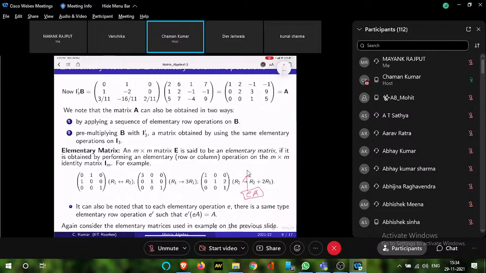Okay. So then there will be a row operation which we denote by E dash. If you apply this row operation on the matrix EA, then you will get the matrix A. Okay, so EA is the matrix that you obtain by applying the elementary row operation E on A, and then you apply another elementary row operation E dash on the new matrix EA, so you'll get matrix A. So there will be such E dash always.